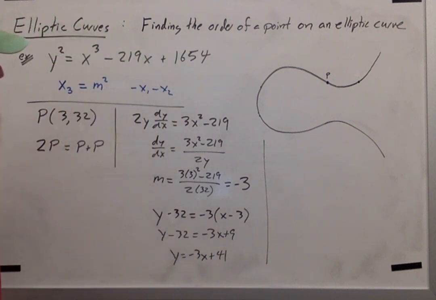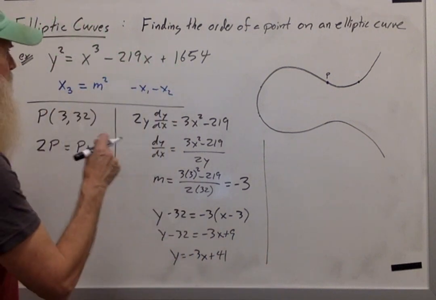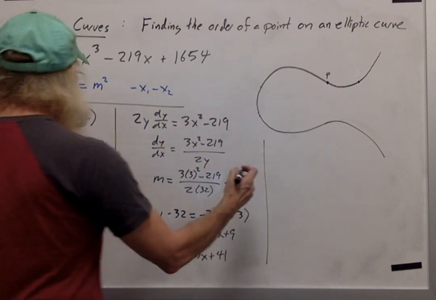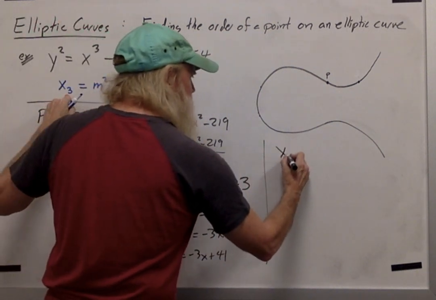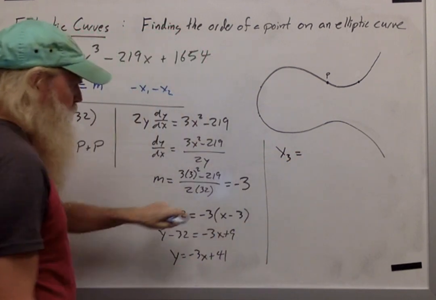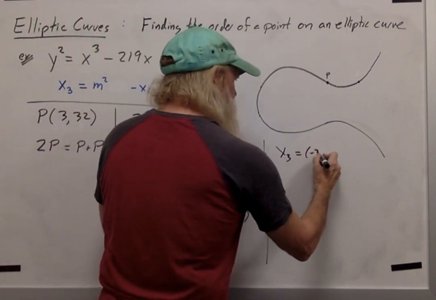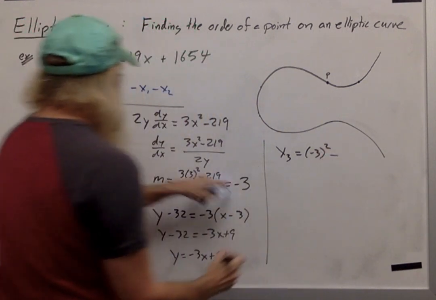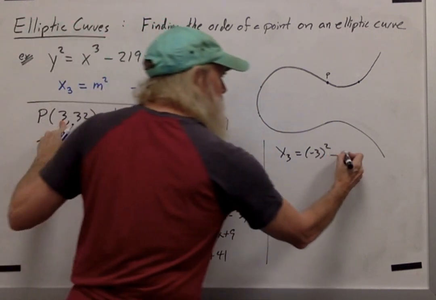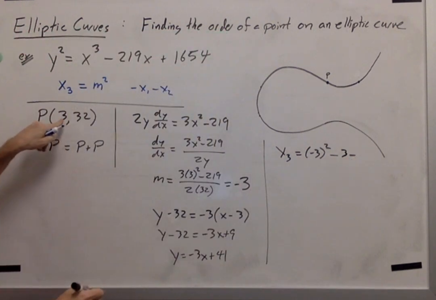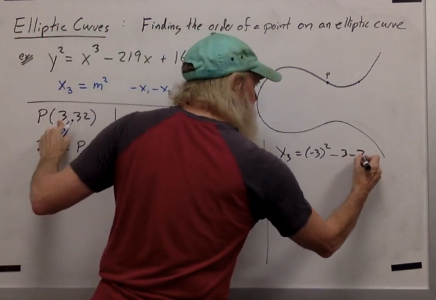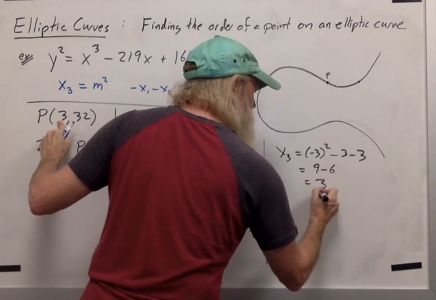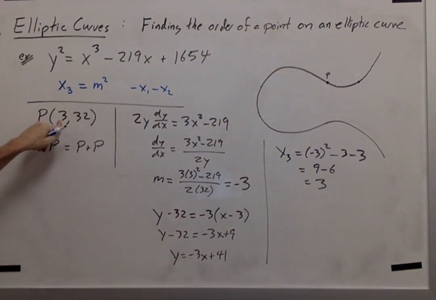So now let's figure out what the third point of intersection is when I intersect this tangent line with that graph. Using this formula, x sub 3 is going to be the slope squared, which is negative 3 squared, minus x1, which is 3, minus x2, which is also 3, which is 9 minus 6, or 3.